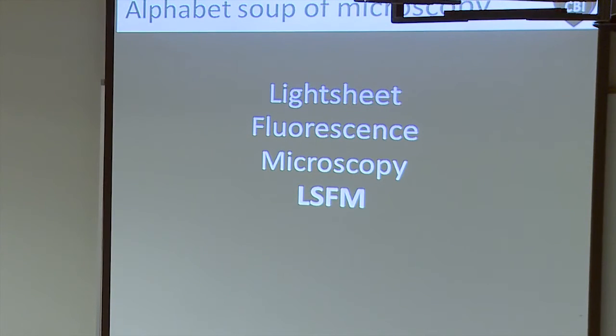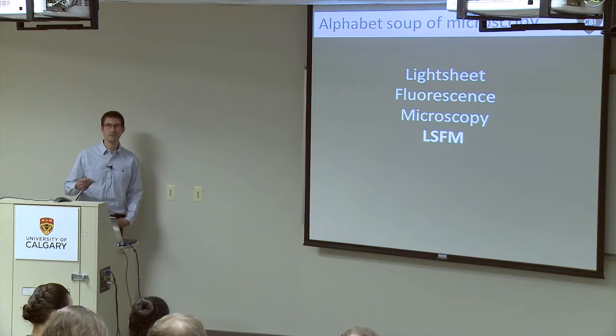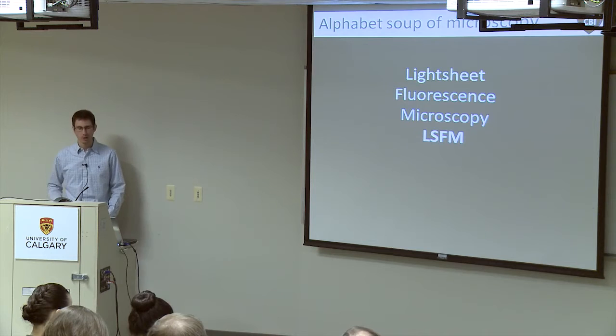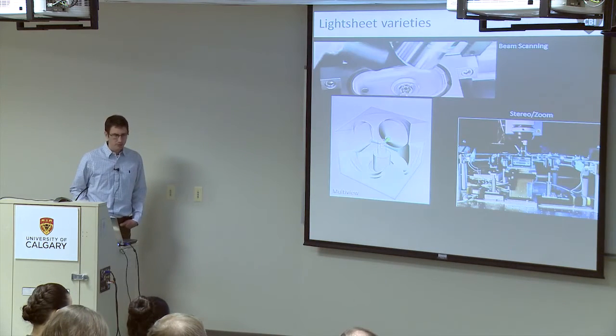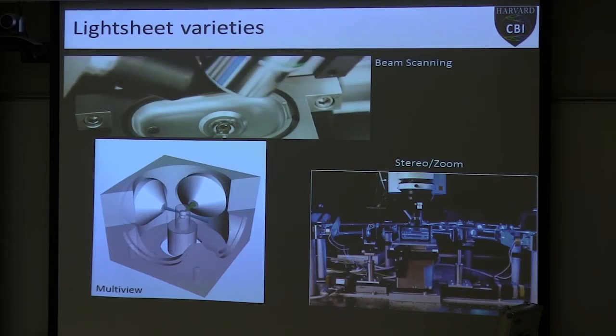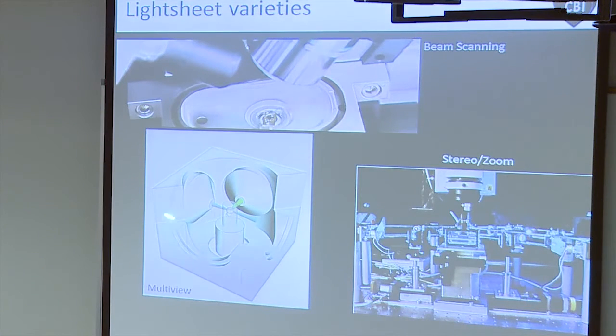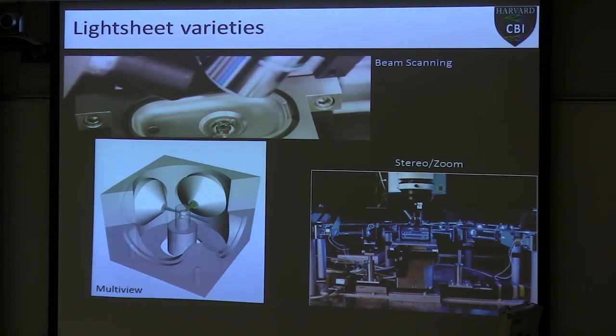So I think this has been both an aid and a hindrance, because now everything's called the light sheet microscope, but there are definitely many different designs within the light sheet umbrella. So I think for the most part, they can be grouped into these 3 different categories. So beam scanning designs, multi-view designs, and then those that are based on a stereo or zoom microscope design. All right? So I'm going to come back to these in a little bit.